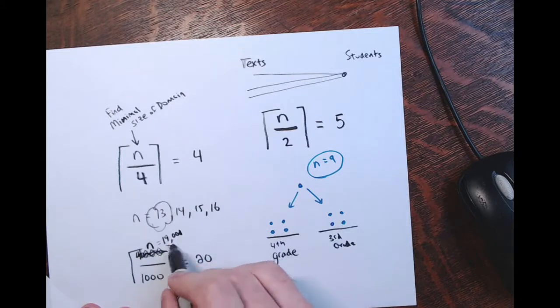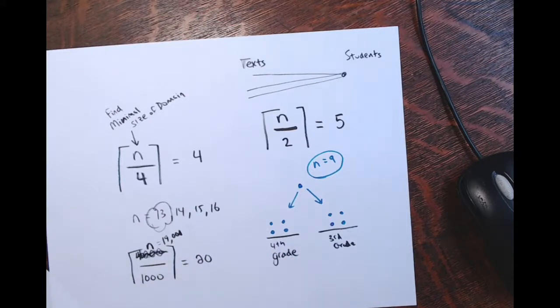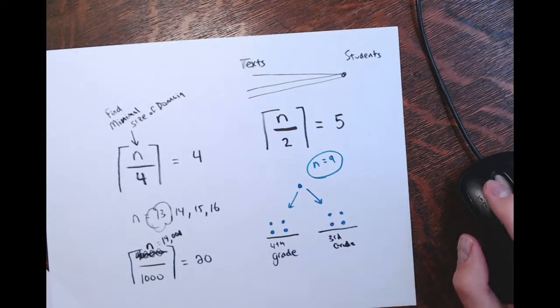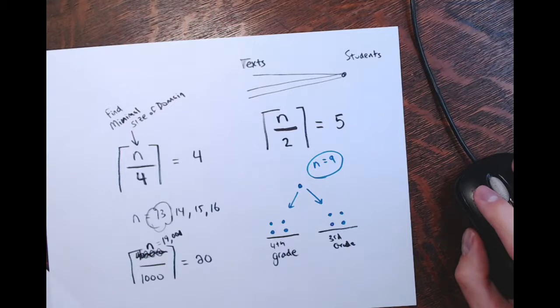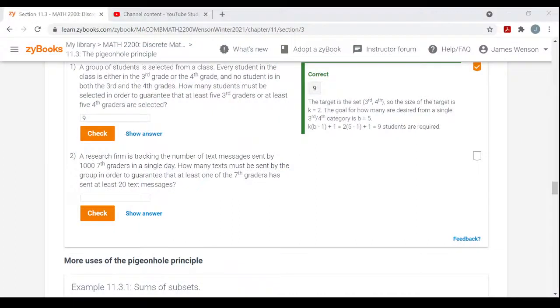I'd need to check 19,001 texts to guarantee that I have at least 20 of them from the same student. Again, you're always thinking about the worst case scenario. What if the first 19,000 I checked, I only saw 19 from each one of them? Then the next one has to make it so that I'm looking at 20 texts from the same student. So this is 19,001.